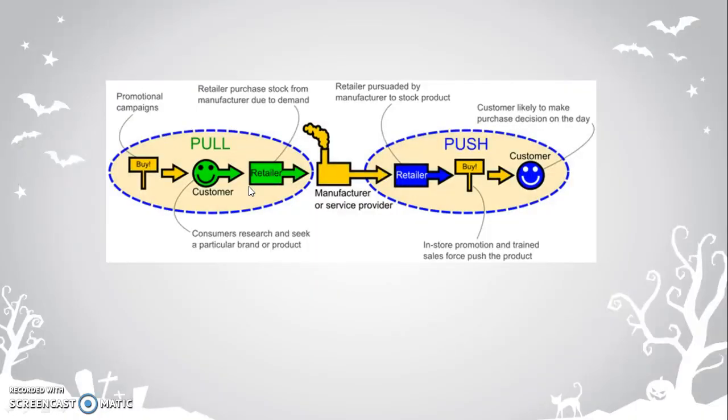Let's go back a little. Push is from the manufacturer out. Pull, you convince them with promotional things, and the consumer asks for the product. So we show them the product in the push, and they ask for the product in the pull.